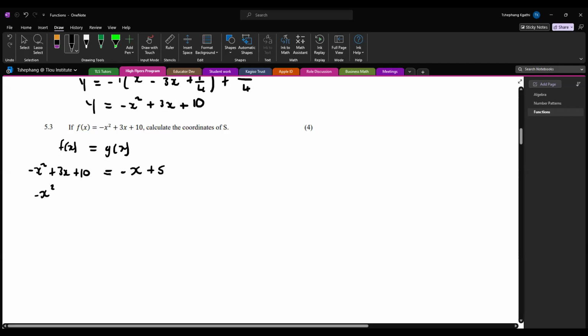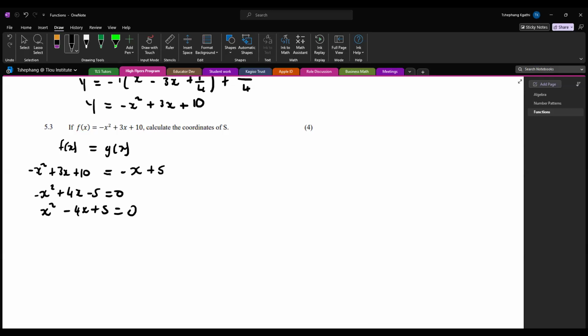Minus x squared, then plus 4x plus 5 is equal to 0, or just x squared minus 4x minus 5 is equal to 0. Okay, I'm hoping I am on the right track. Yes, I'm not making any mistakes.